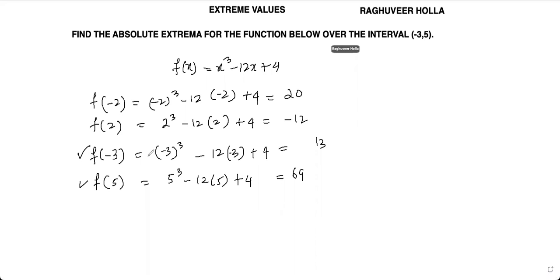When x is equal to 5, we get 69, and which is the absolute maximum here. Okay, and for x as 2, we get the absolute minimum here.